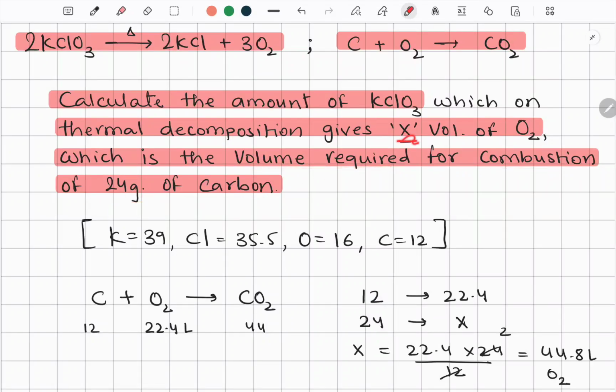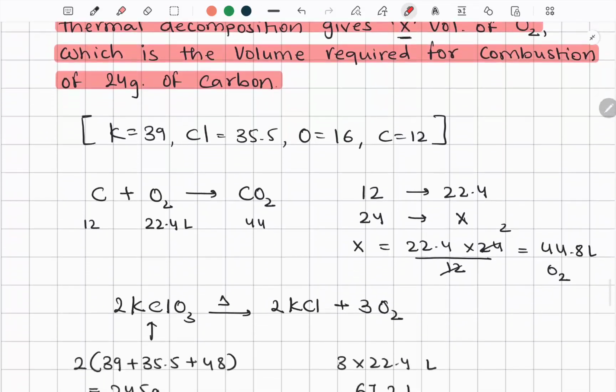So we used the second chemical equation and calculated the volume of oxygen required to completely combust the 24 gram of carbon, and the answer came out to be 44.8 liter.